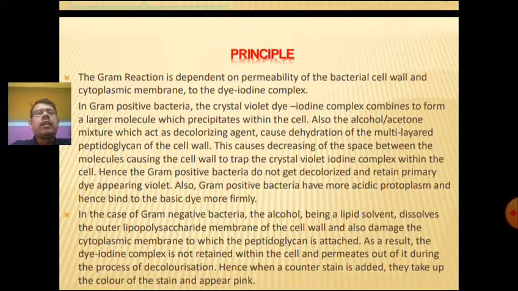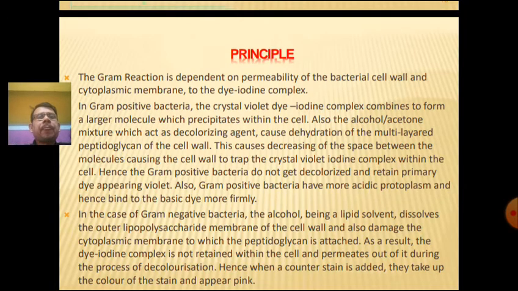The alcohol and acetone mixture, the decolorizing agent, causes dehydration of the multilayered peptidoglycan of the cell wall. This decreases the space between the molecules, causing the cell wall to trap the crystal violet iodine complex within the cell. Hence, gram-positive bacteria are not decolorized and retain the primary dye, appearing violet.